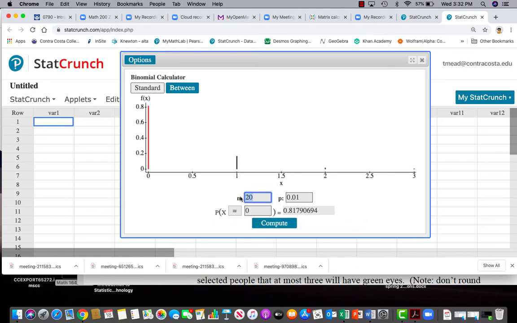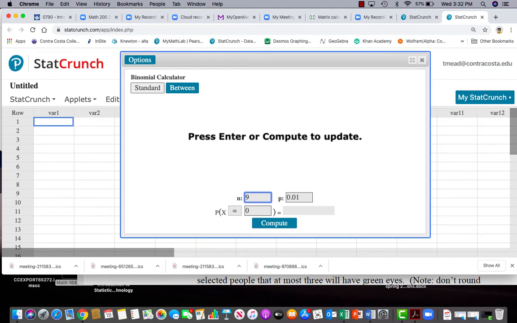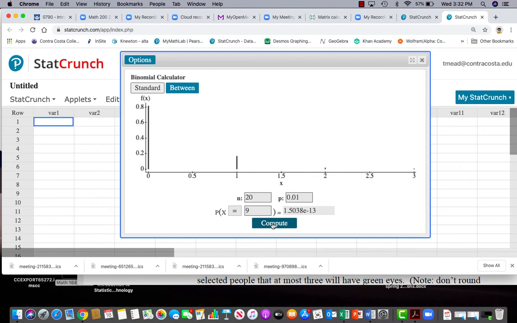Now, if I wanted to know 9, I think was the second question, I don't want to change n, it's 20. I want to change the probability that x is equal to 9. Click compute. And this says 1.5 something or other, and there's this e to the negative 13th power.